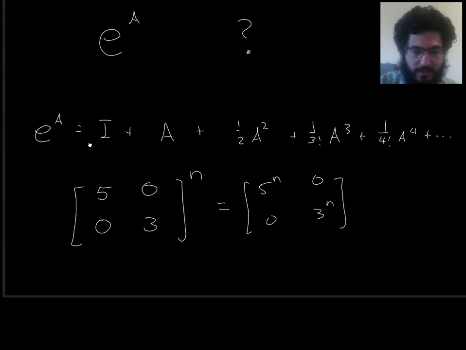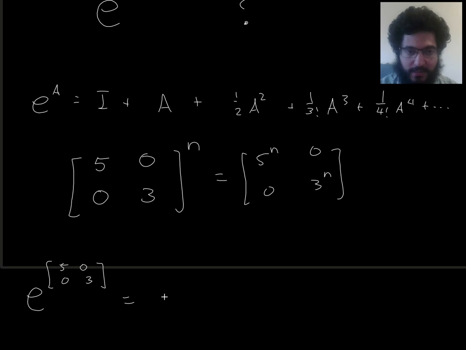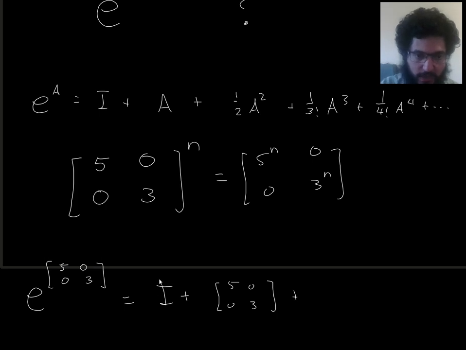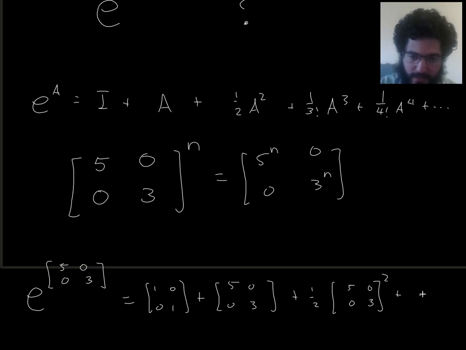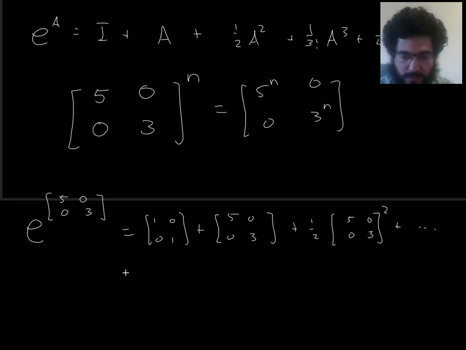So if you want this to the nth power, then that's just this. So then, what happens if you want e to this diagonal matrix? That you can handle using the power series directly. So that should be I plus this matrix. So I is just 1, 0, 0, 1, right? Let me just write that out. 1, 0, 0, 1 plus this matrix plus 1/2 that matrix squared, and so on. 1/3 that matrix cubed, and so on.